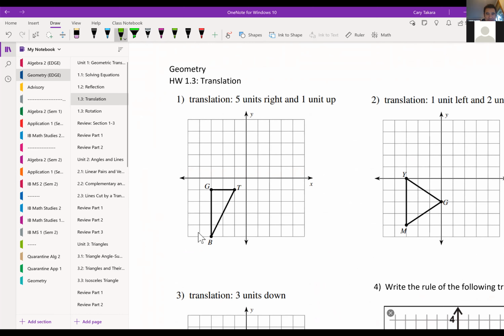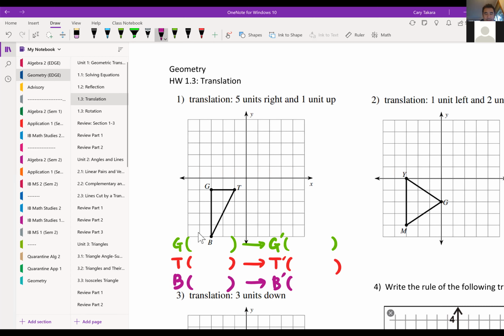So let's do G and then G prime, T and then T prime, and then we've got B, let's use a different color, B and B prime. I want you to be able to fill it in. Do you want to try this all by yourself first?